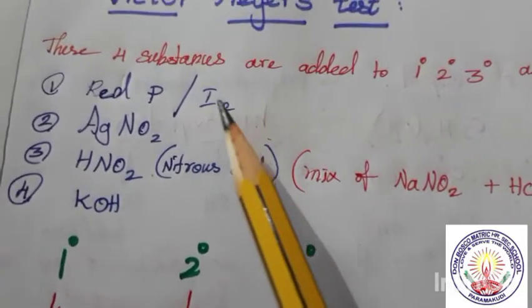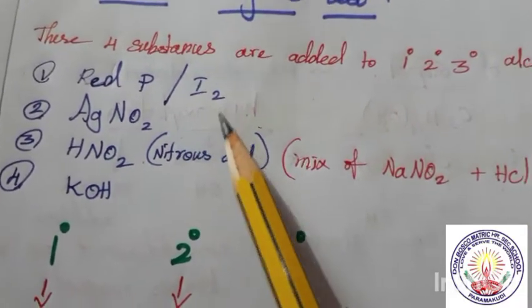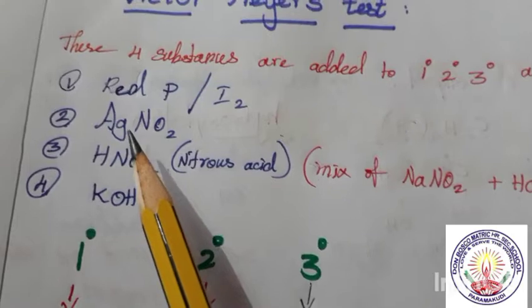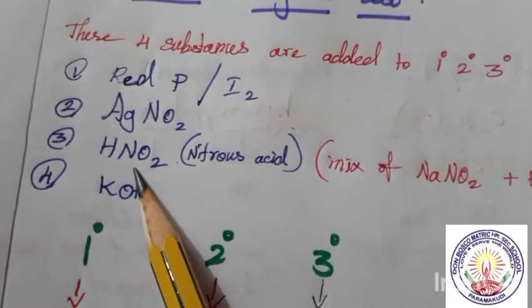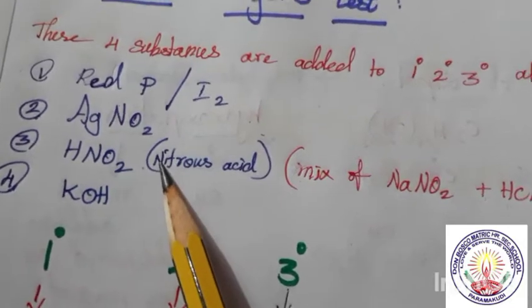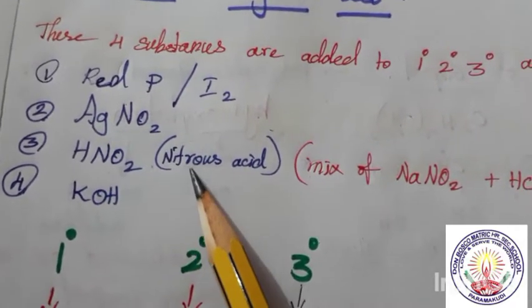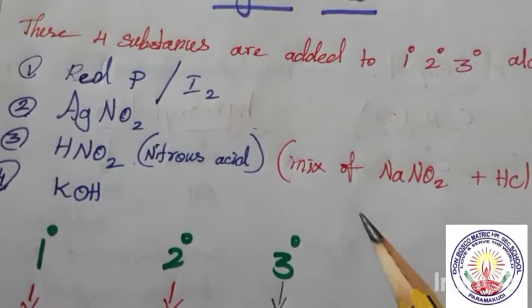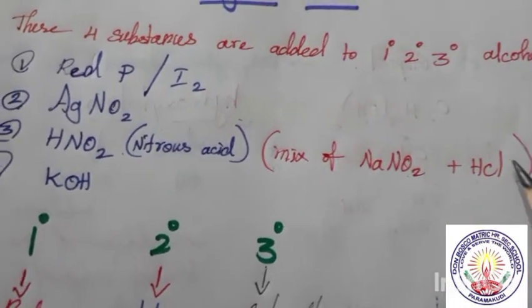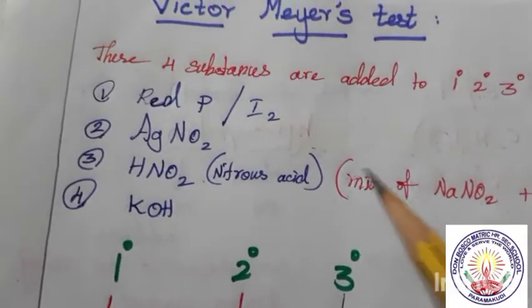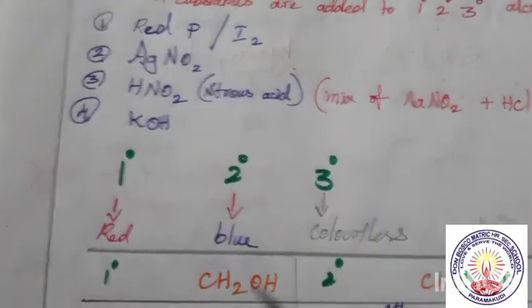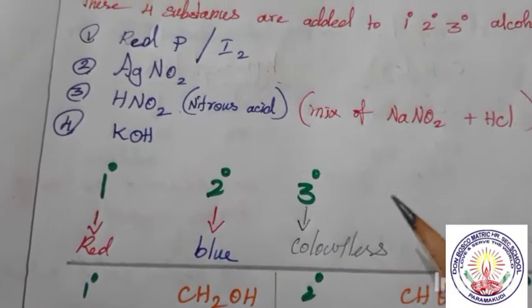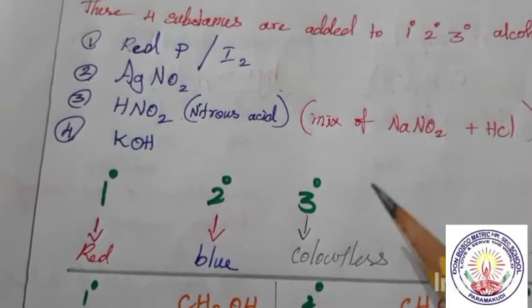First we add red phosphorus or iodine. Second, silver nitrate. Third, we add nitrous acid. This nitrous acid is the mixture of NaNO2 plus HCl. Fourth, we add KOH.